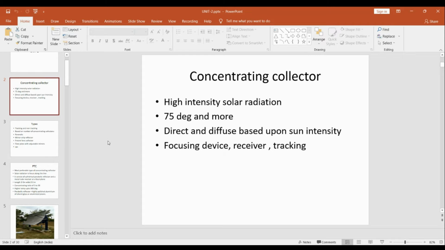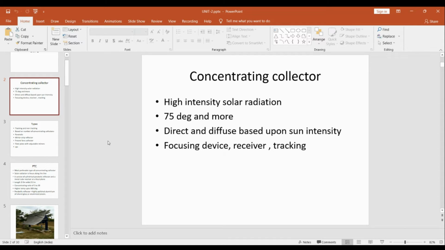So two types of radiations are there: direct radiation as well as diffuse radiation. Diffuse radiation means some part of radiation will scatter somewhere else, so it will never allow the scattered radiation to go waste, right? It will again recollect the radiation with the help of the concentrating collector dish.